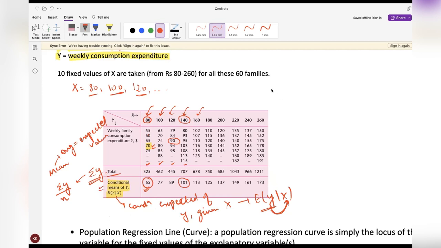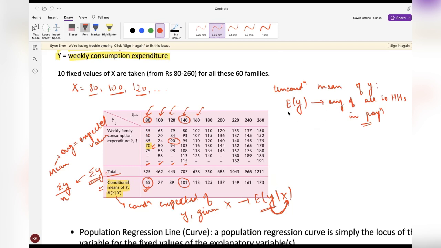Now we also need to understand unconditional mean of Y. When we are talking about unconditional mean of Y, we are actually talking about expected value of Y. This means that we are taking the average of all the 60 households in the population, and we are not considering their weekly income.